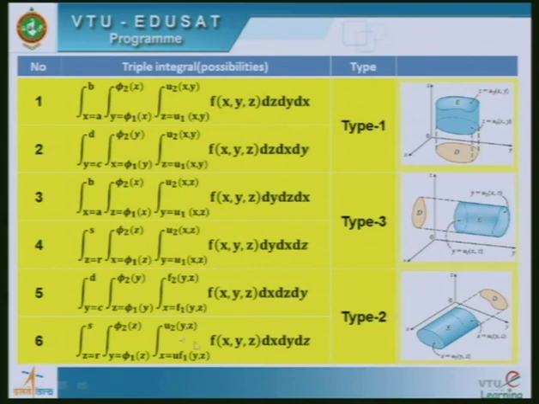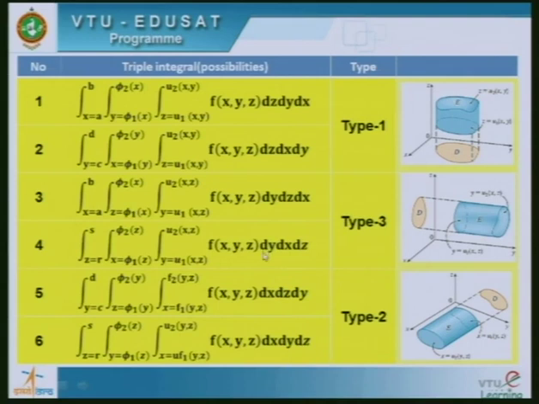Similarly, for type 2 we have shown the figure here. X limits are functions of y, z, that is why dx is taken first here. After that comes z and y, or y and z. D is the region in the yz plane, and you can take first z then y, or first y then z. They are explained in the double integral evaluation.